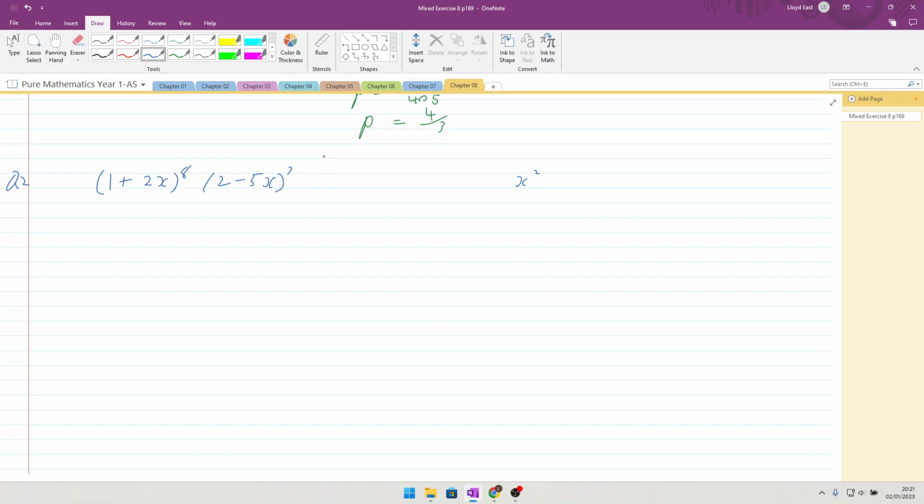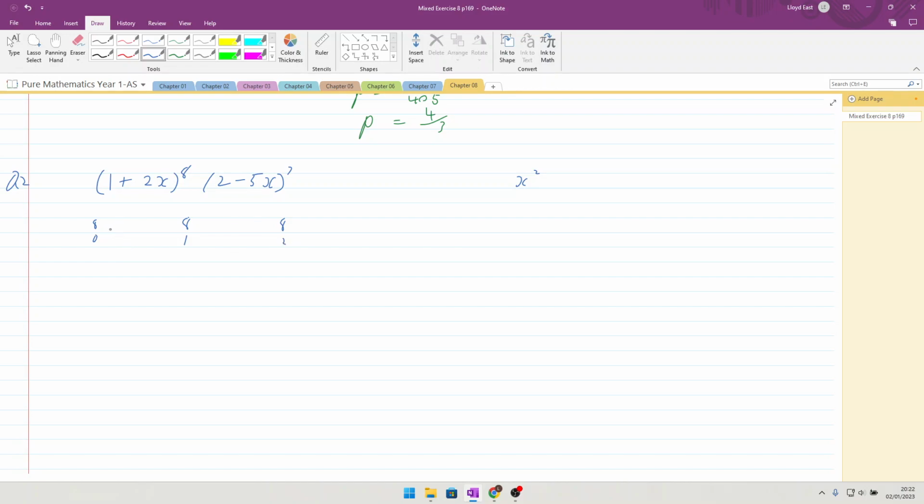So let's have a look and see what we can do. So we are going to have 8 to the 0. That's my constant on here. Then I'm going to have 8 to the 1, and I'm going to have the 8 to the 2.